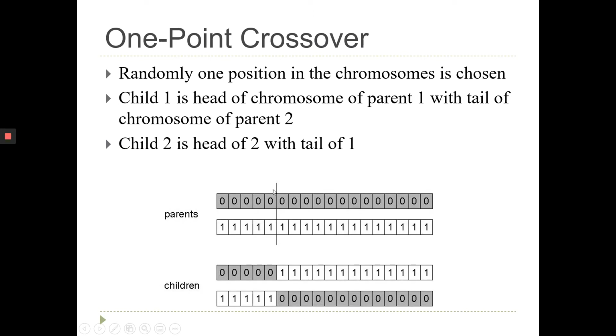In the 1-point crossover, you have two parents selected based on a selection technique such as roulette, tournament, or random selection. Then it will generate two new solutions.